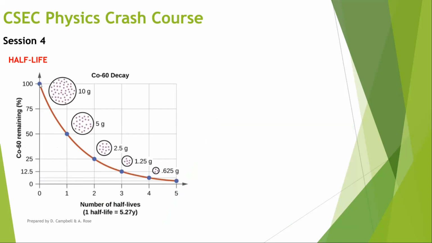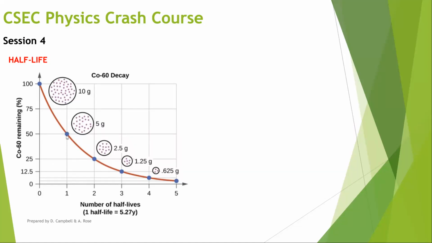So if we started out with 100 particles and the half-life is, let's say, well, this says 5.27 years. This is not showing the exact half-life, but if we check the time for the number to decrease to half its original value, we start at 100, how long it takes to go to 50, this would be 1.